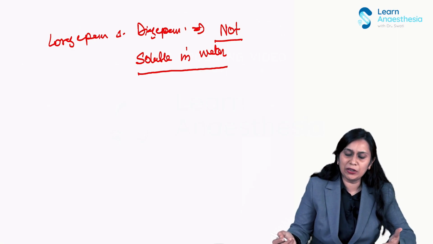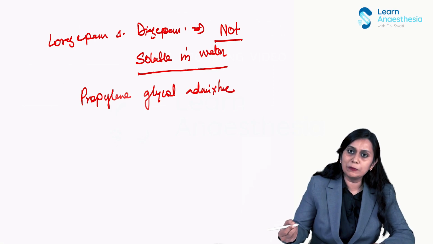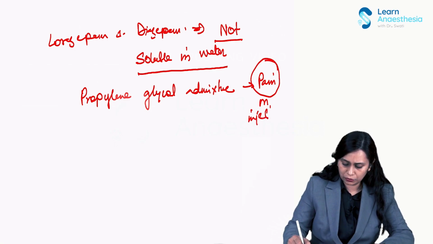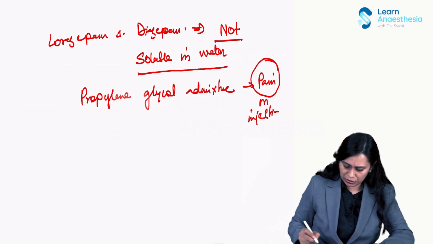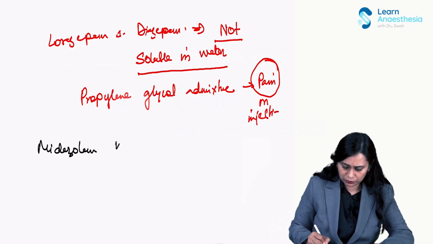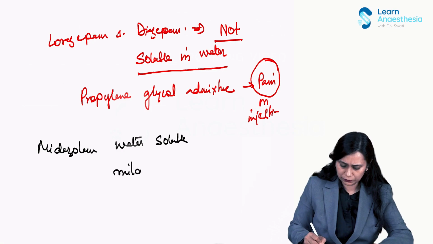So propylene glycol is mixed with them, and this can cause pain. So they can cause pain on injection. Okay. Your midazolam is water soluble, but can cause mild local tissue irritation.